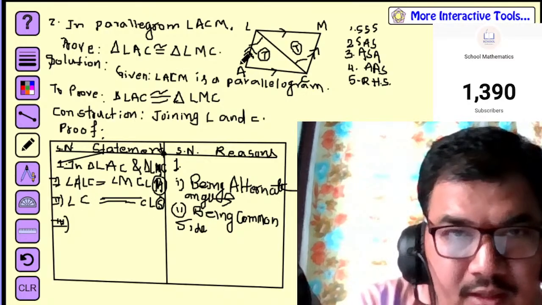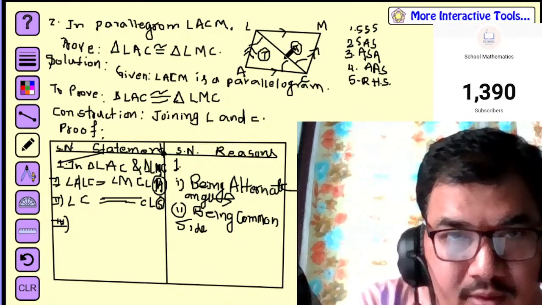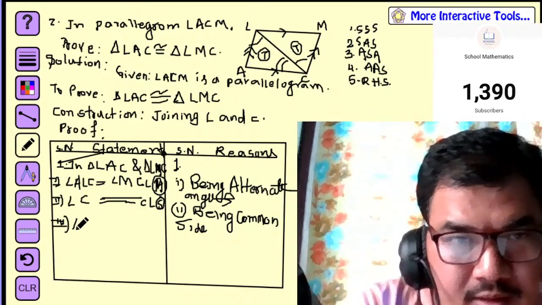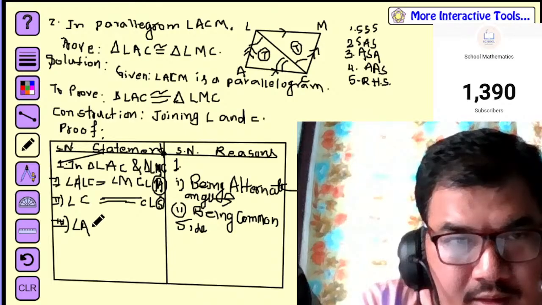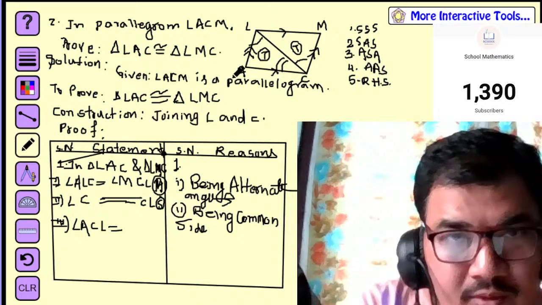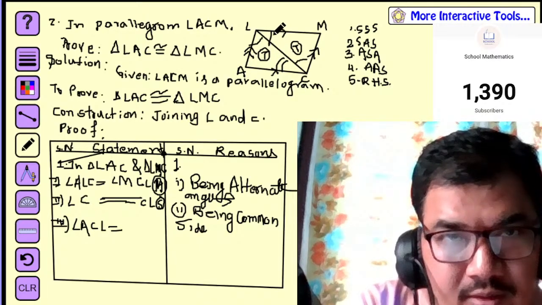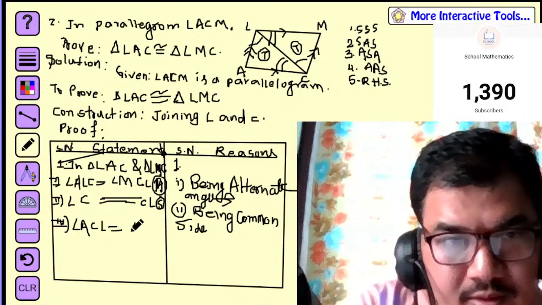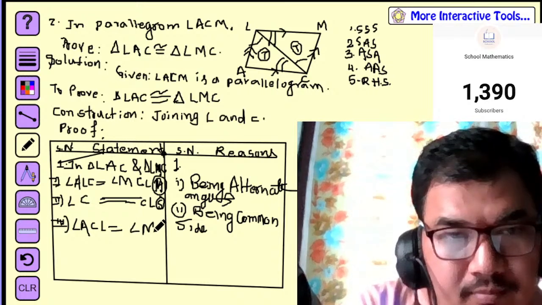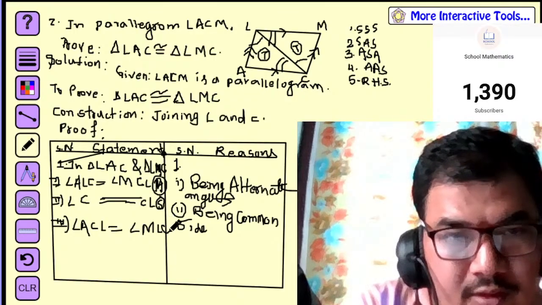And number three, look here. We have to take this angle now. What is the name of this angle? Angle ACL. That is equal to this angle, MLC, alternate angles.